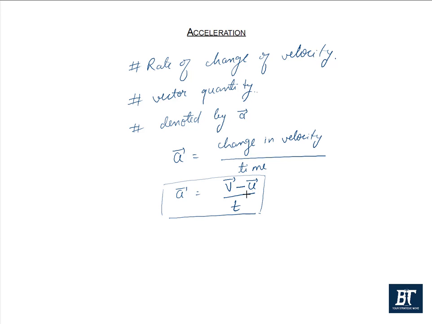So we cannot apply the simple laws of algebra here, because we have already discussed that the laws of algebra for vectors are completely different. So we will learn how to subtract two vectors in our later sections. But for now, please keep this in mind that this is a vector subtraction.